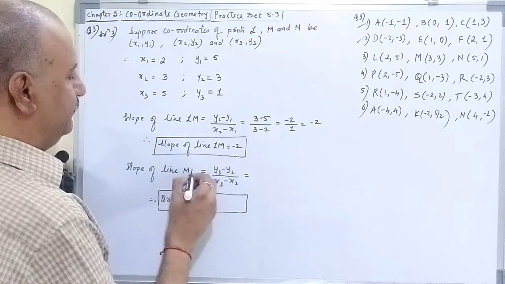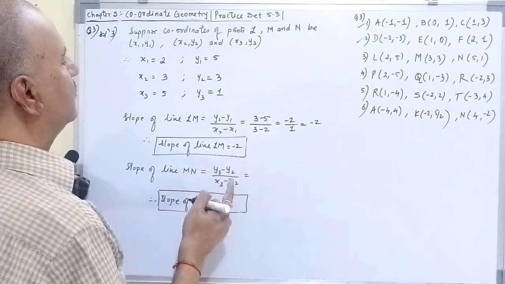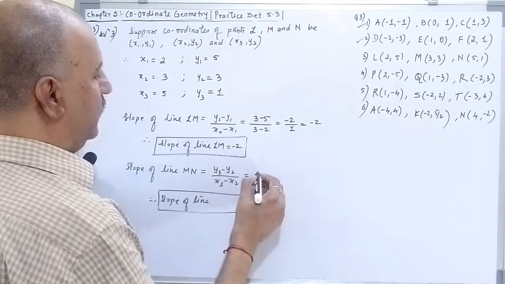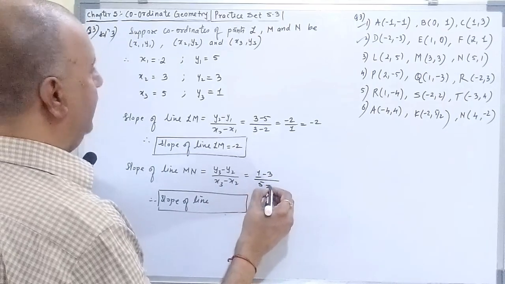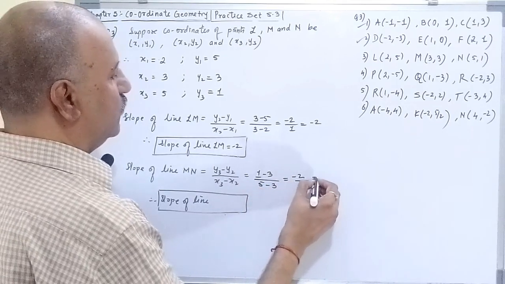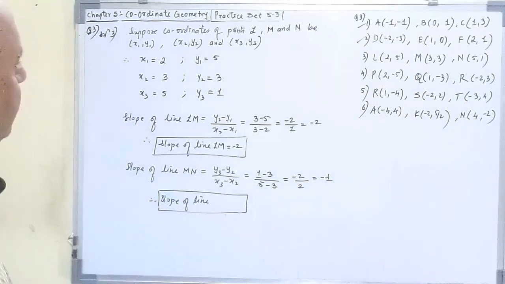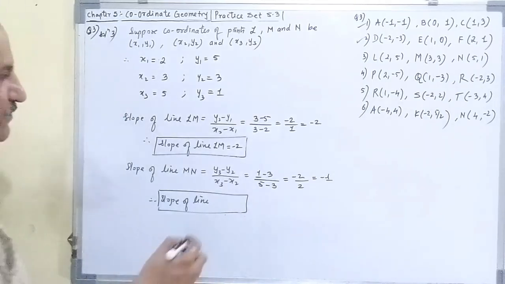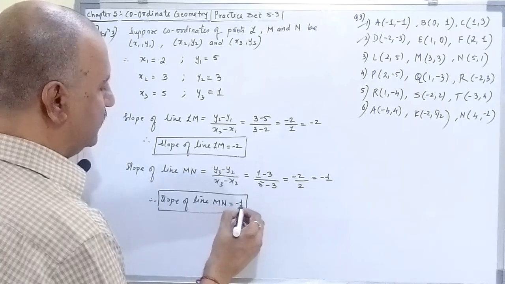MN, slope y3 minus y2, so 1 minus 3 upon 5 minus 3, this is minus 2 upon 2, this is minus 1. So the slope of MN is equal to minus 1.